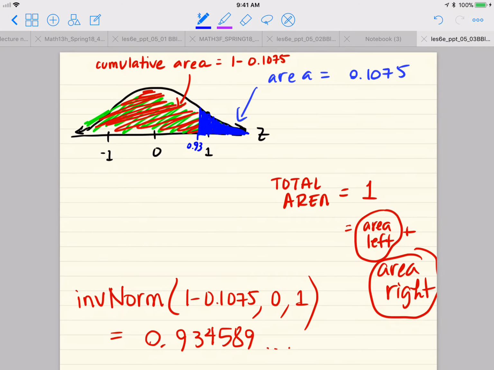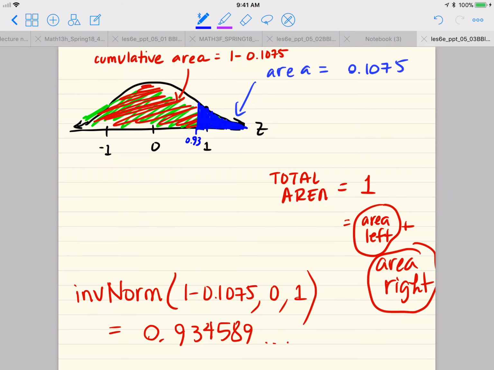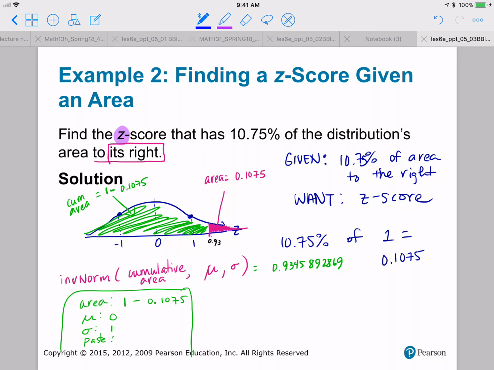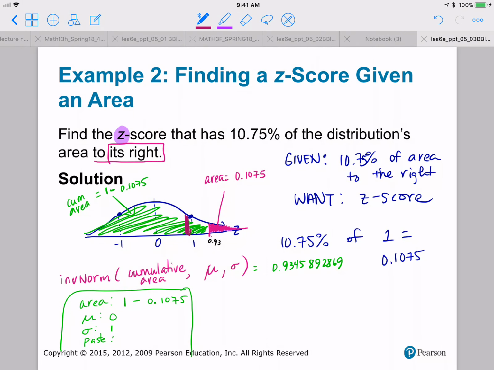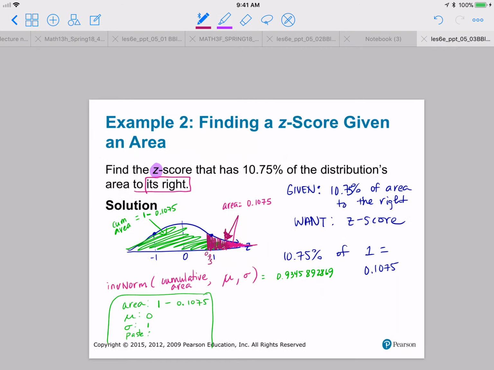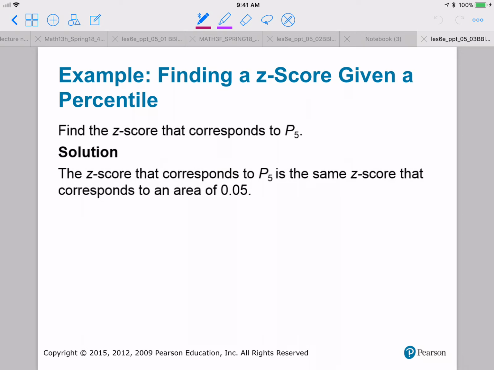Okay, so this is actually a more accurate picture of the problem that we're working with. So what is that z-score? That z-score should actually be to the right, so let's go ahead and correct that, and then move the 0.93 over. And then all of this area here. Okay, good.